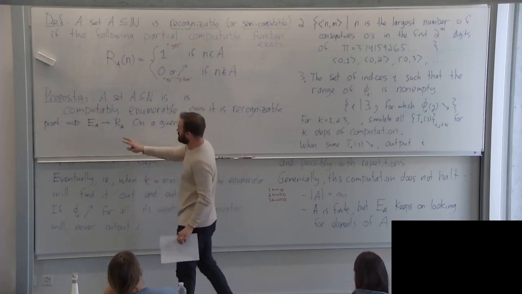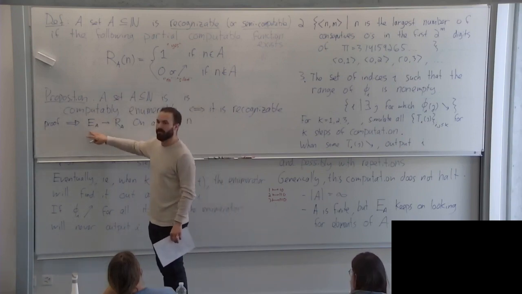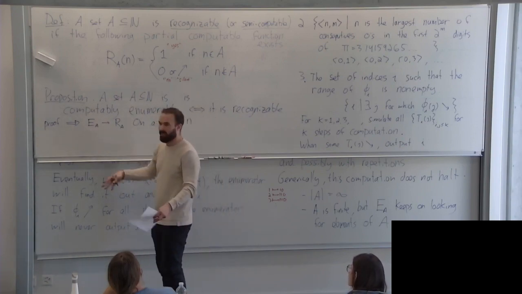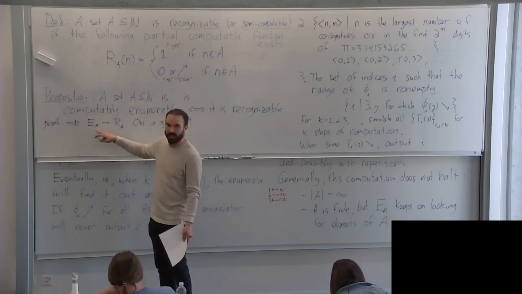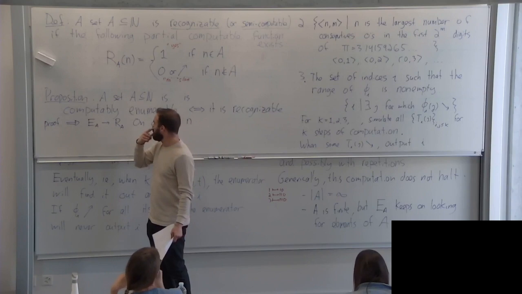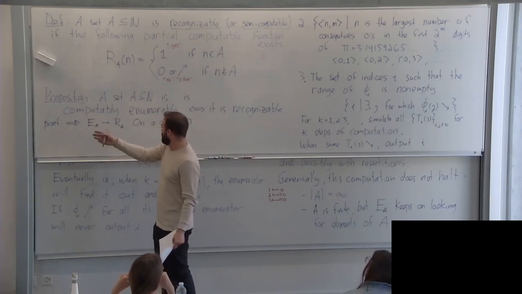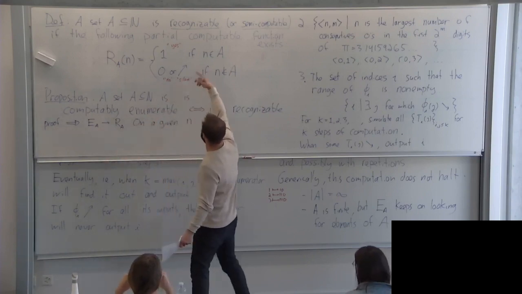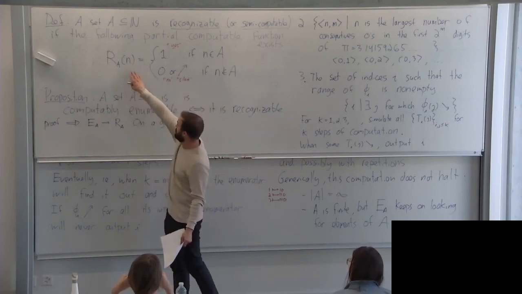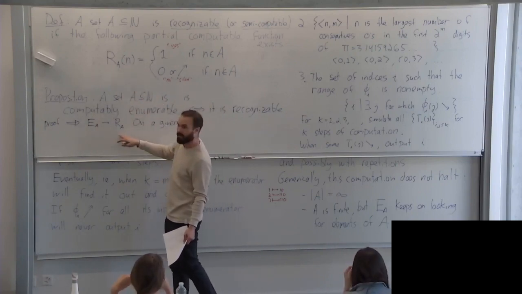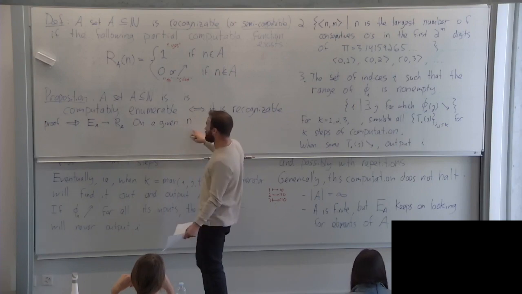Realize that we're mixing two concepts. EA has no inputs. It basically has embedded in its rules the information about A, what it's trying to enumerate. RA is a partial computable function which has an input n. So what I want to do is construct a partial computable function RA. I'm starting with its input.